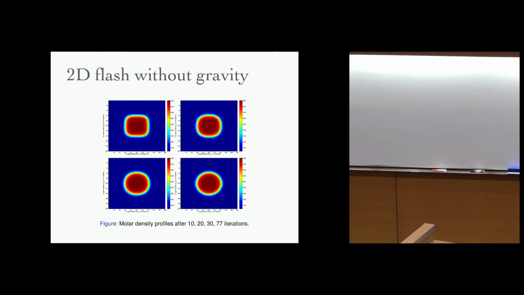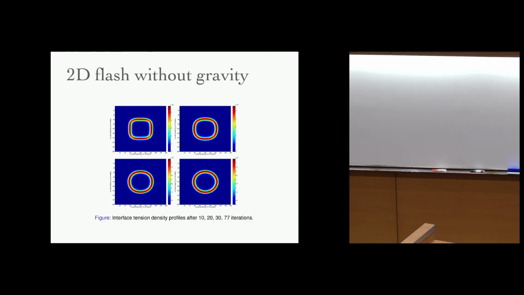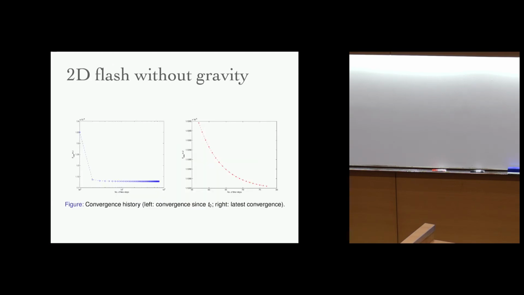So let me give you one example. Without gravity, this is, I think, a single component, but you have two phases, and eventually you get to equilibrium, a special case. The major thing I want to show you is that this convergence history for the energy always decays at all times, even in the most recent time.